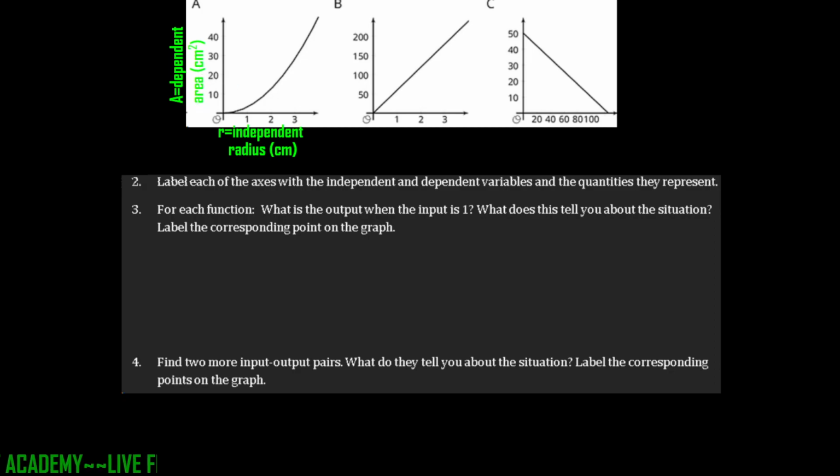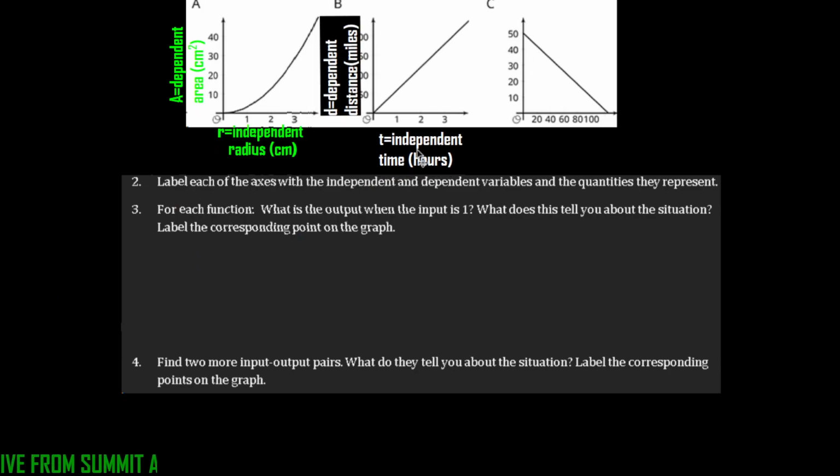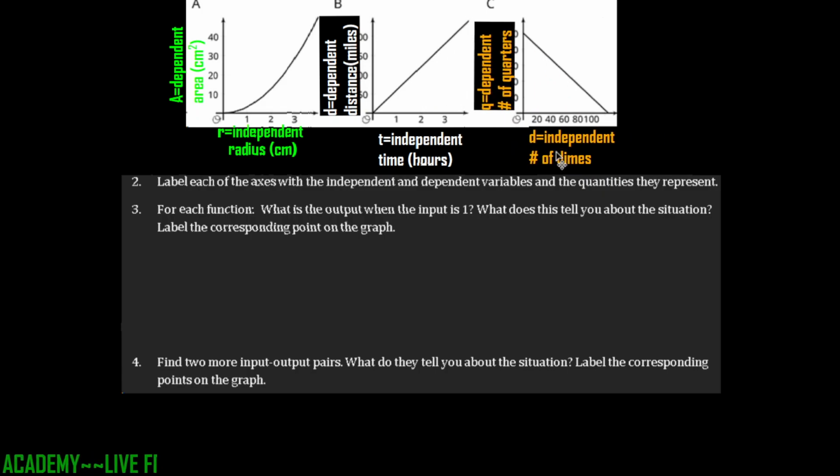For this next one, t is going to be the independent variable, time in hours, and d is going to be the dependent variable, distance in miles. And for the third one, with dimes and quarters, d is going to be our number of dimes, the independent variable, and q is going to be our dependent variable.